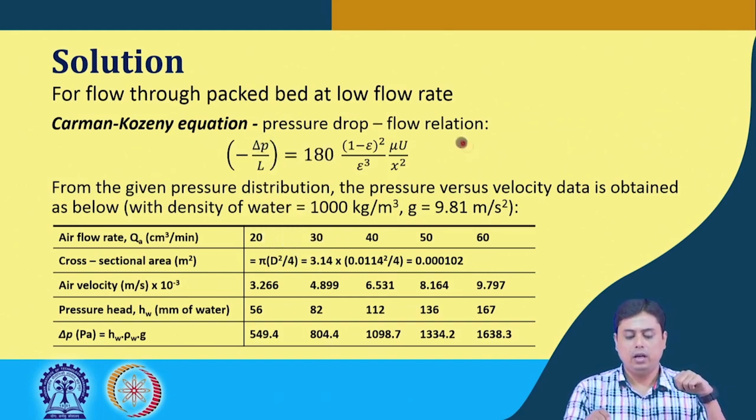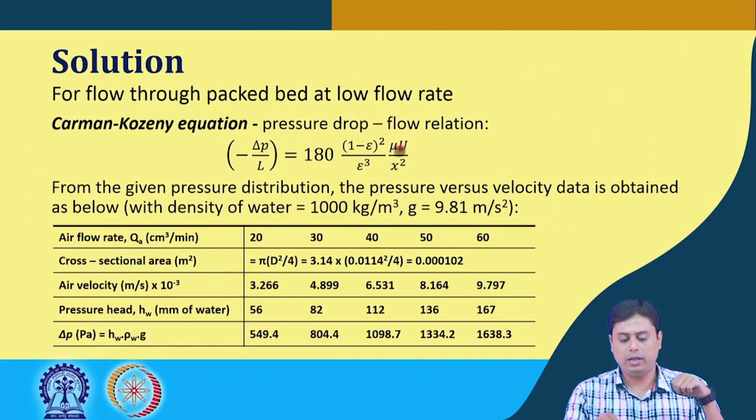This U, let me come to you later. So, this mu, which is the viscosity of air, is also a given value. Epsilon is called the bed voidage or the porosity of the bed.